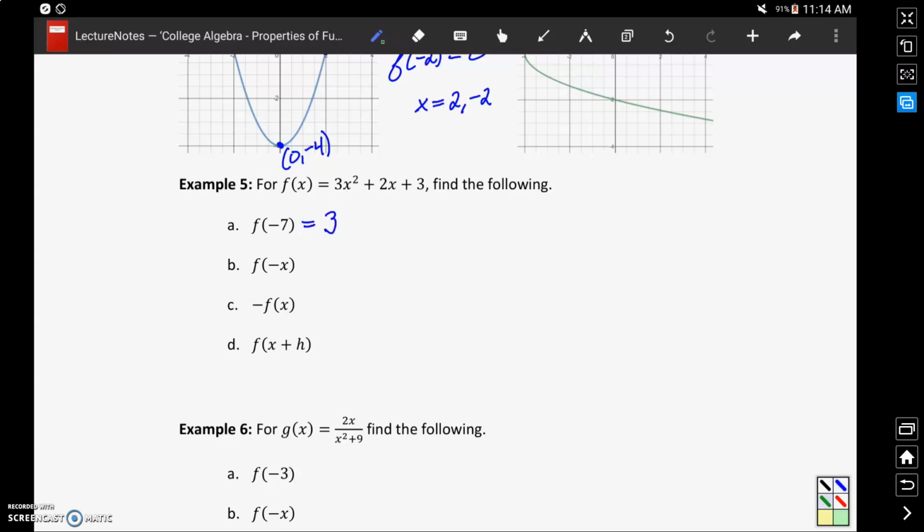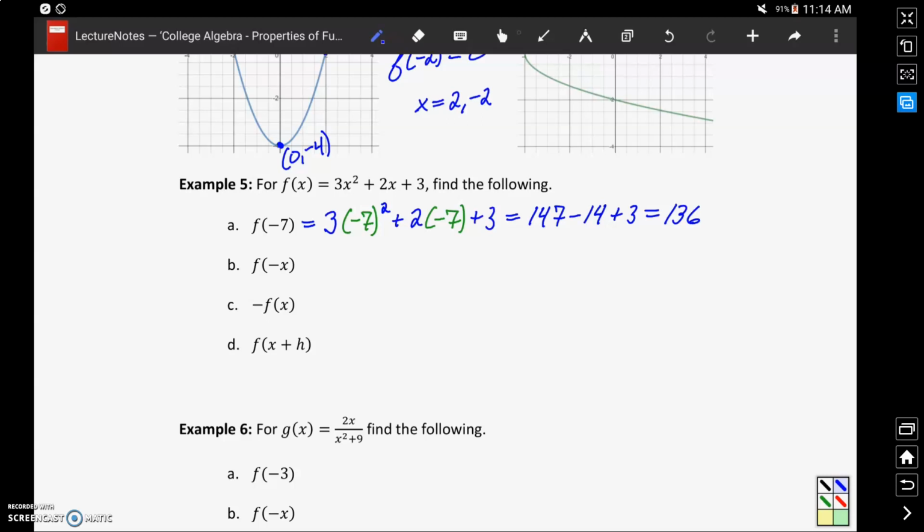This would mean we would take our given function, 3 times x squared, and then everywhere we have an x, substitute in negative 7, plus 2 times negative 7, plus 3 would be equal to 147 minus 14 plus 3, or 136.